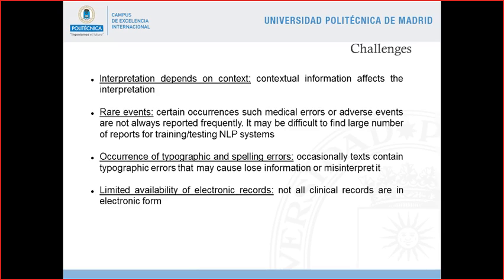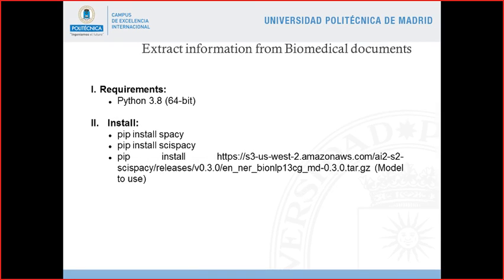So it's also difficult to have reports with this information in order to train or test your systems. Also, as I said, typographic and spelling errors. Clinicians don't have time to correct their typographic errors, and this could affect your systems. You can lose information or misinterpret it. And also limited availability of electronic records, because not all clinical records are in electronic form.